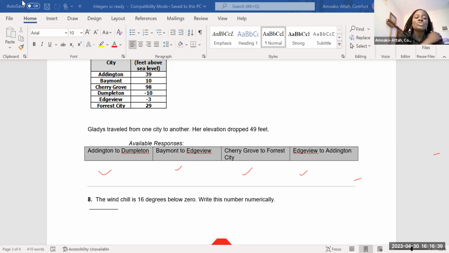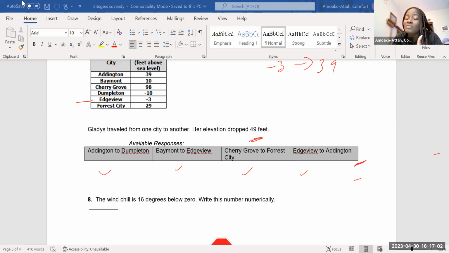So let's evaluate them and see. Let's look at the last one, Edgeview to Adenton. Where is the Edgeview? The Edgeview is here, which is -3, to Adenton. What is Adenton? Oh, okay, that is 39. And the question was dropped 49 feet.